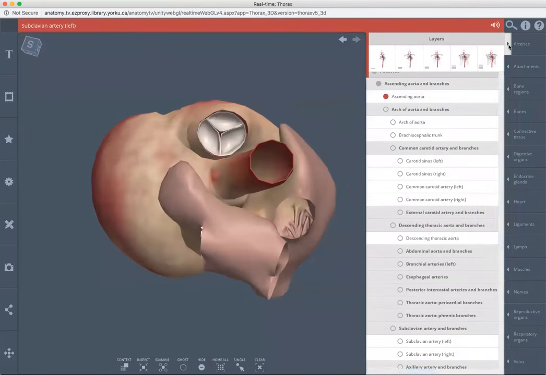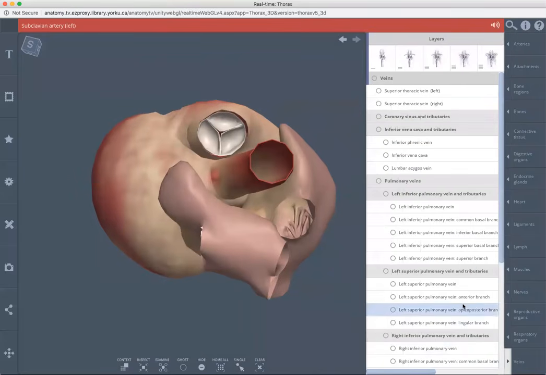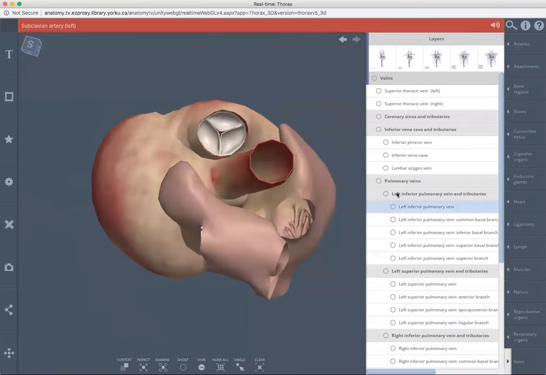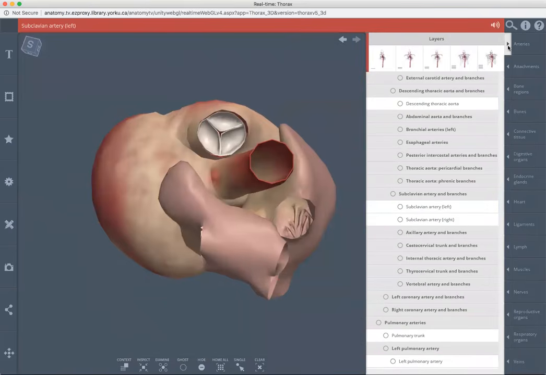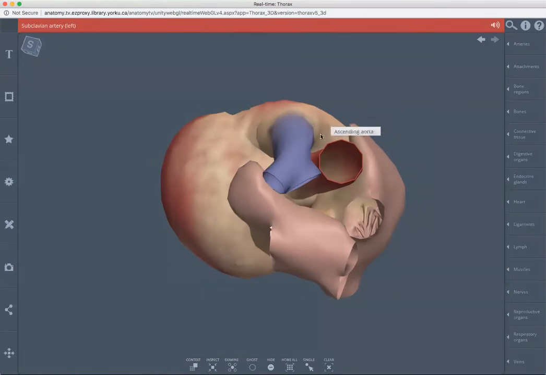Ascending aorta. Let's put that back, and let's put back our pulmonary artery, I guess we want here, don't we? Pulmonary trunk, perfect. Okay, so we're looking at a superior view, so a top view of the heart, okay?